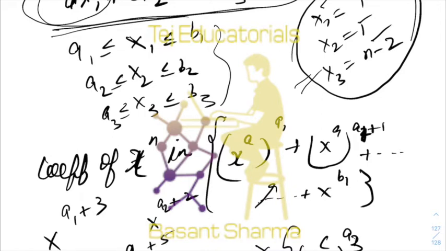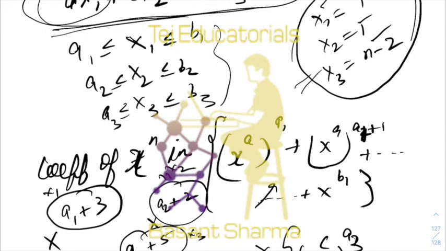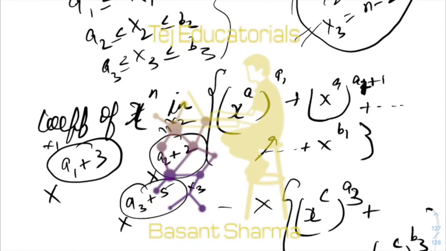Then this is nothing but x1, this is nothing but x2, and this is nothing but x3, because what I'm saying is, you choose x to the power a1 plus 3 from here, x to the power a2 plus 2 from here, and x to the power a3 plus 5 from here.